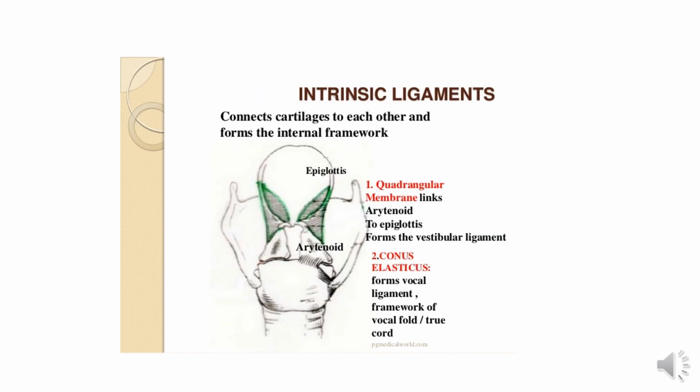The intrinsic ligaments between the arytenoid and epiglottis, the epiglottic ligament, form the quadrangular membrane, which sometimes folds to form the vestibular ligament. The conus elasticus forms the true vocal cord.